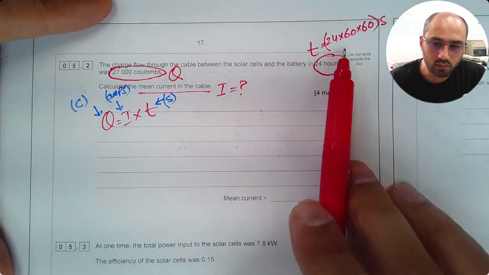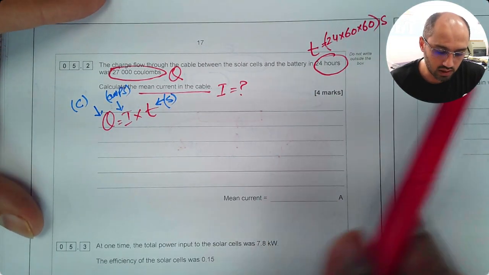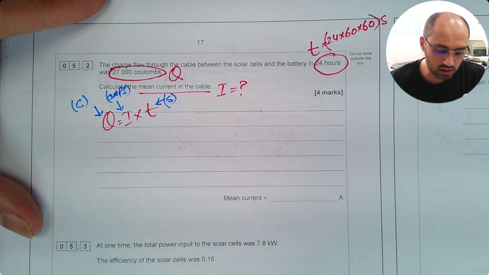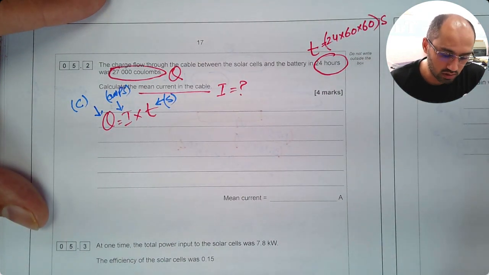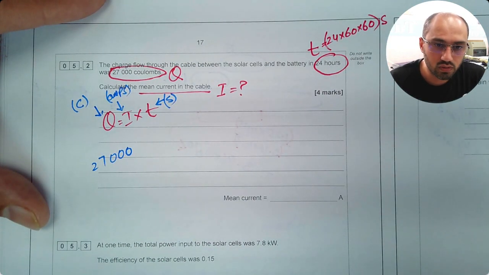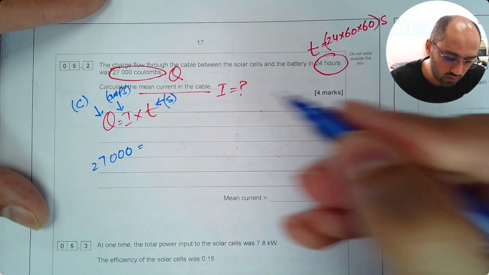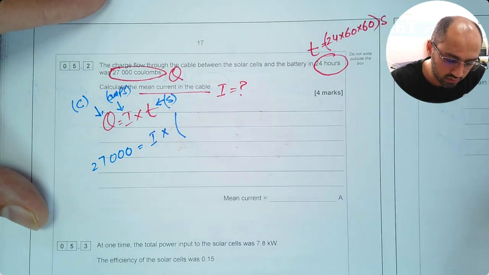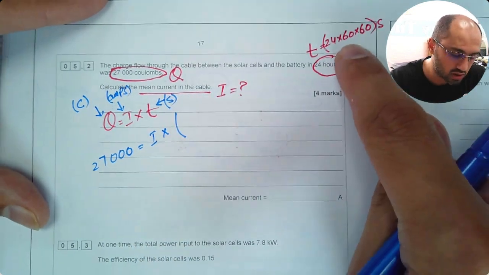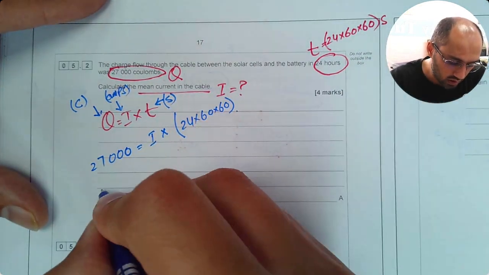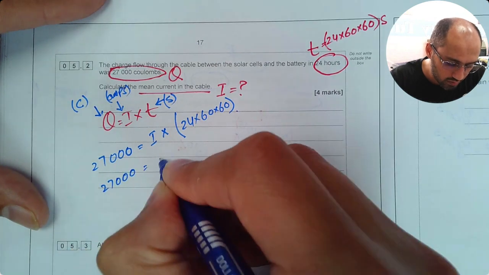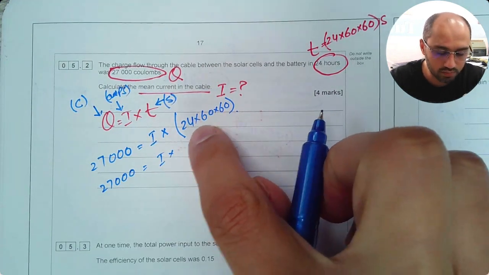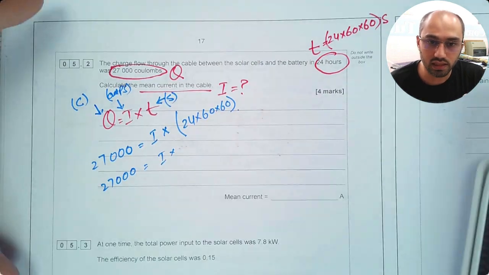Once I've done this conversion, the next bit I need to do is just plug these values in the equation and solve, and I will end up with the answer. So here the value of Q is given to us as 2700 equals, we do not know the value of I, I'll keep it as I, but the time has a value of 24 times 60 times 60. Now I will rewrite it, but this time I'm going to multiply them numbers together and replace this by a value.